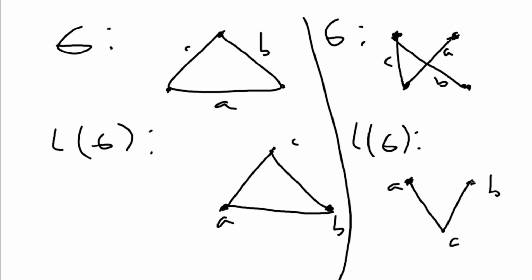So edge B only has a common vertex with C. So that's taken care of, and edge A only with C. That's taken care of. So we have a similar graph, but because it's not complete, we, for example, don't have the connection AB. There's no common vertex between A and B, and so there's no edge in the line graph.